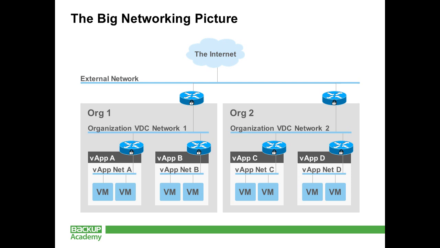Again, that network has connectivity out to the internet, but is protected by an edge gateway device. You can route between the 2 organizations, so organization 1 and organization 2, but again, it's protected by an edge gateway. So this just gives you an overview of what you can actually configure with the networking within vCloud Director.